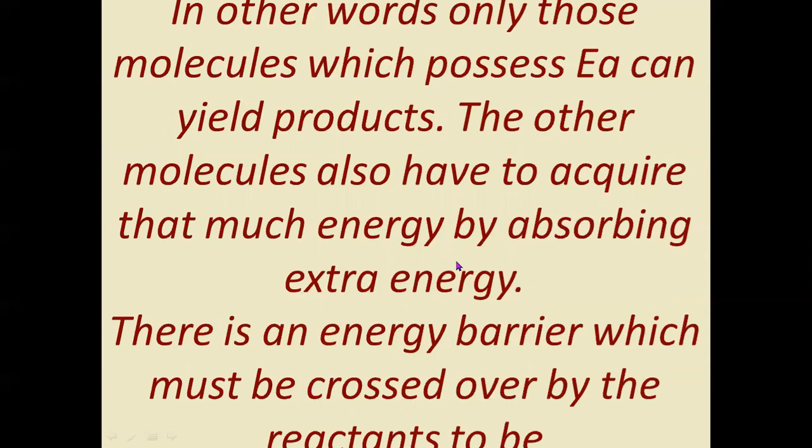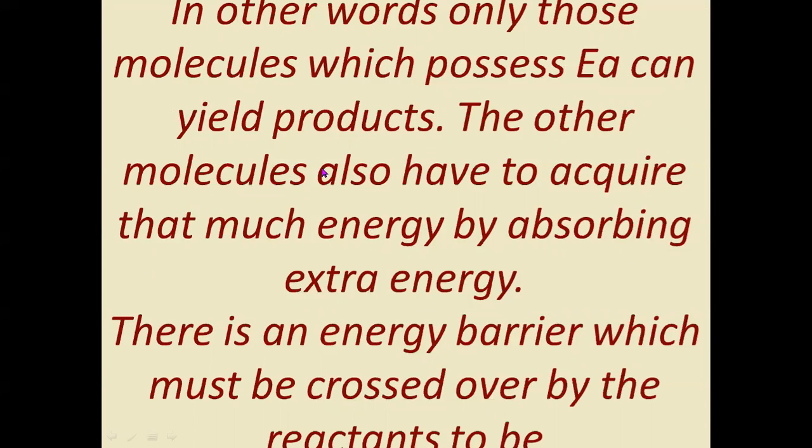In other words, only those molecules which possess EA, means activation energy, can yield product. So you have to remember that to form product, the reactant molecule should possess activation energy. Other molecules also have to acquire that much energy by absorbing extra energy. What happens here during collision?